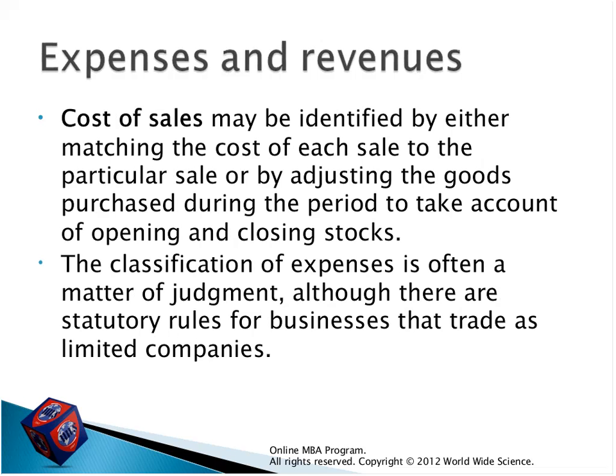So right now we are talking about retail businesses, or we can call them service companies. The cost of sales may be identified by matching the cost of each sale to the particular sale, or by adjusting the goods purchased during the period to take account of opening and closing stocks.